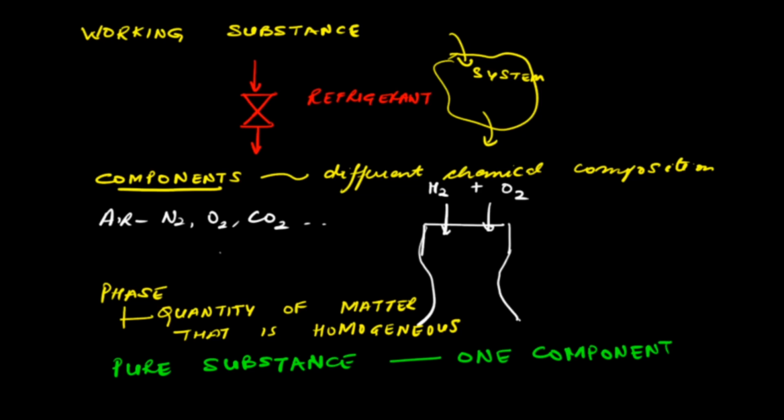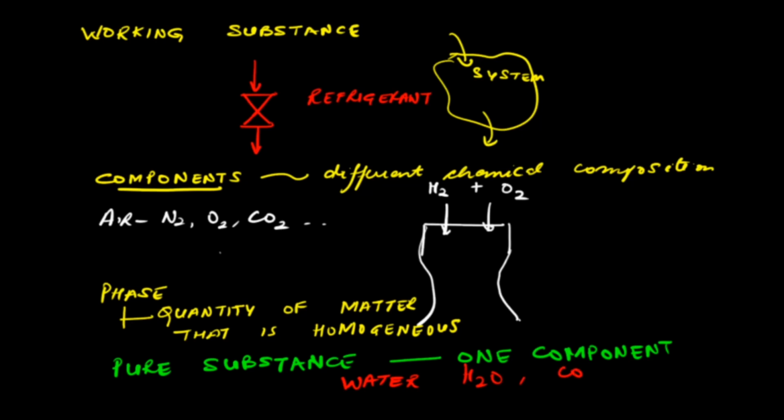For example, water is a pure substance, even though it can be in different phases, it still has the same composition in both phases. So the composition of water, H2O, does not change chemical nature in the vapor phase or liquid phase, and that's why we treat it as a pure substance which has only one component.